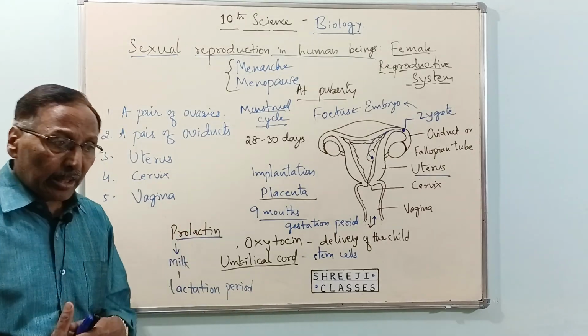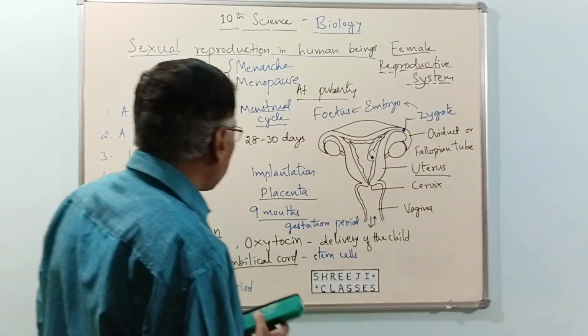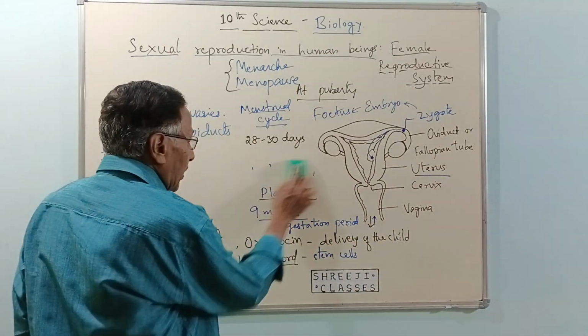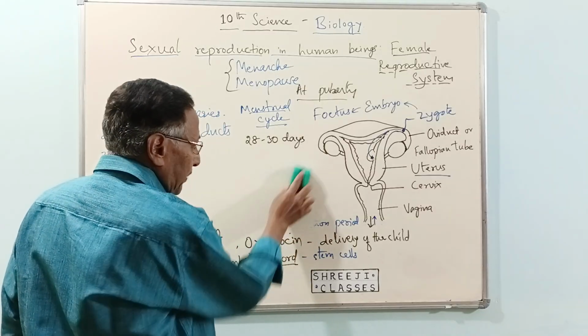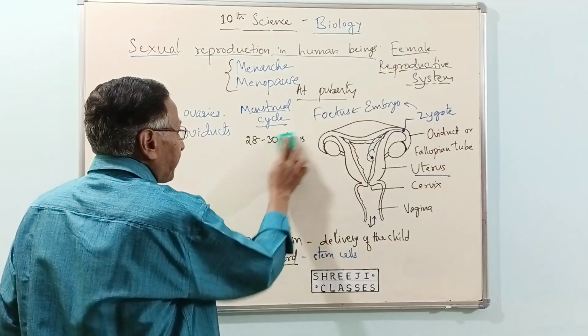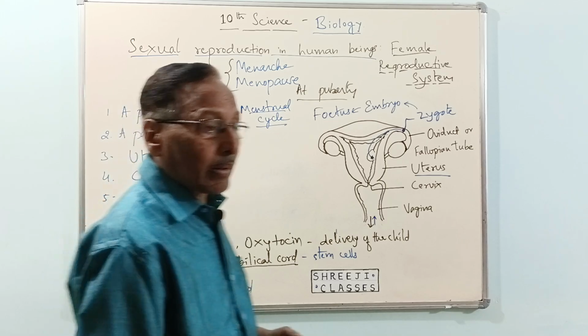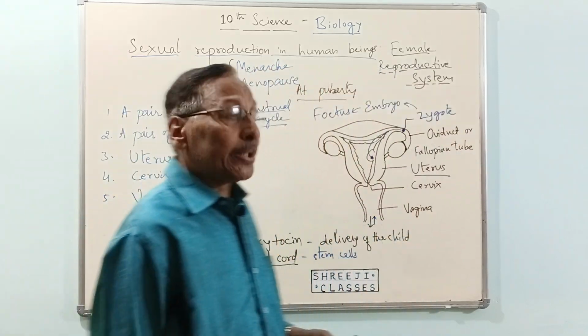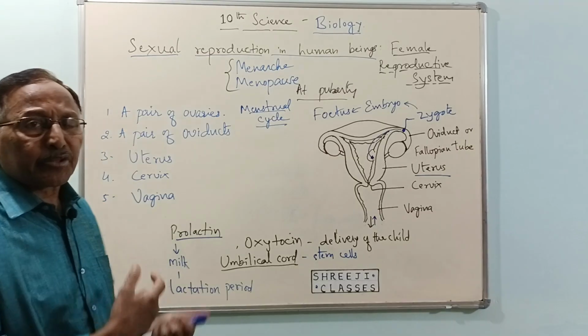This lactation period is very, very important. Mother's milk to the child is very important because it provides the first immunity to the child. It contains hormones, it contains enzymes, right?